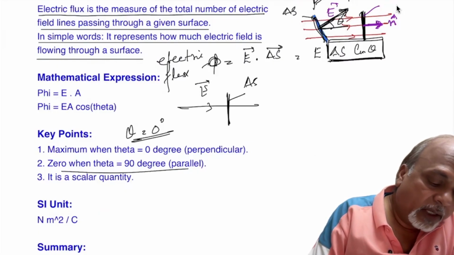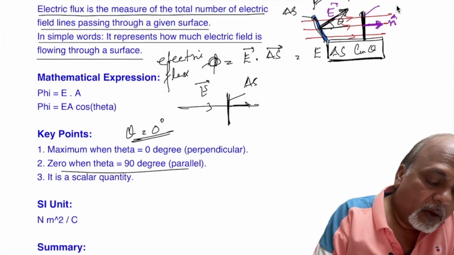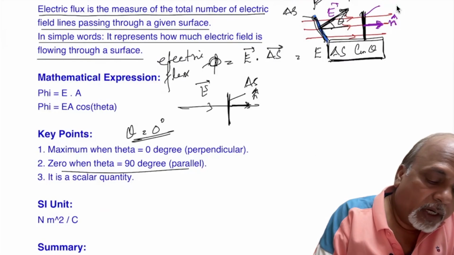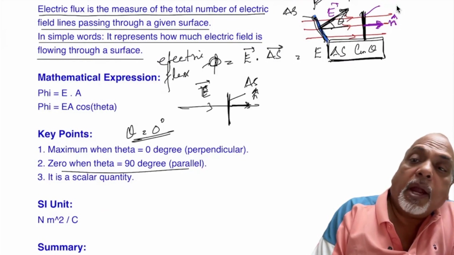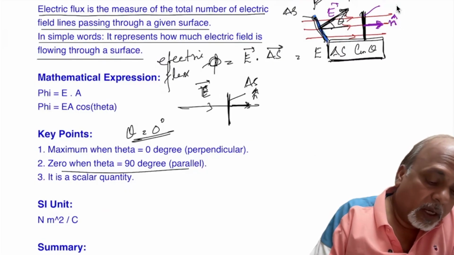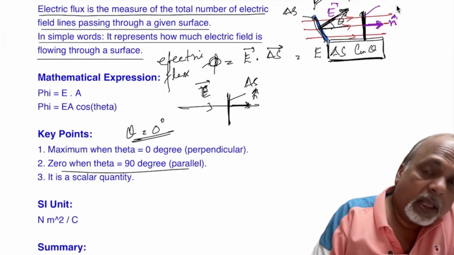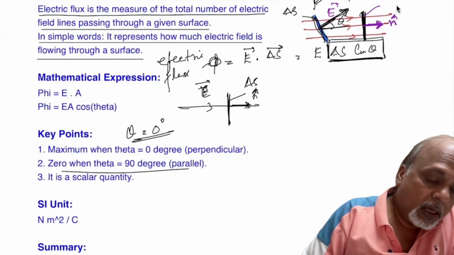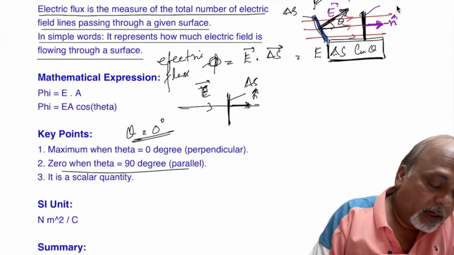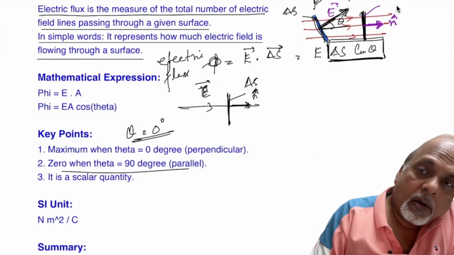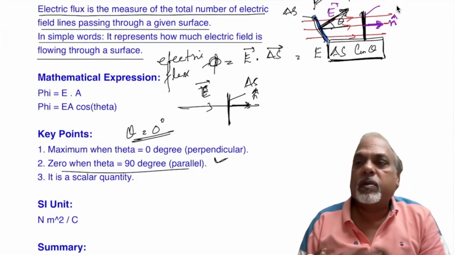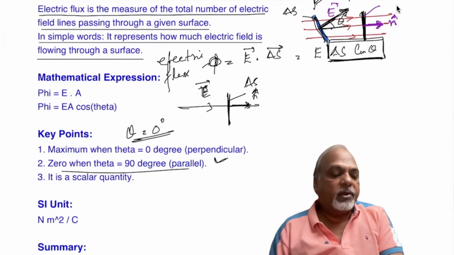Theta 0 means the area vector and E both are parallel to each other. Correct? When area vector and E are perpendicular, then basically your area becomes parallel to electric field lines.